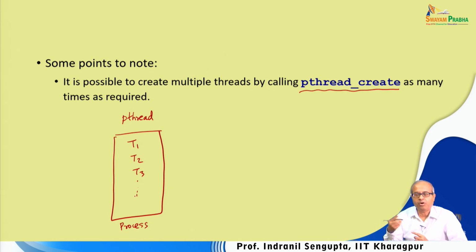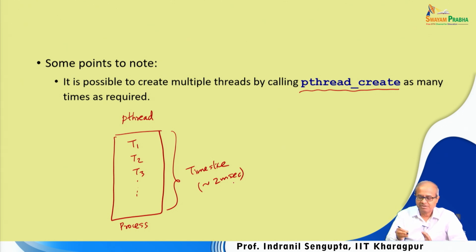And when the operating system normally schedules processes, it will give each process a time slice, let us say 2 milliseconds. And within this 2 millisecond time slice, all the threads you have created inside will be assigned some time.